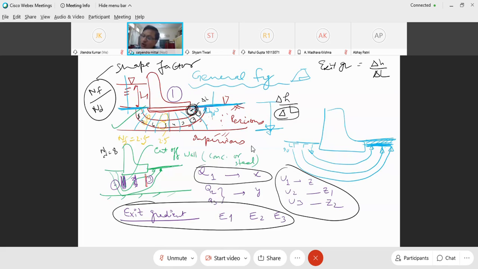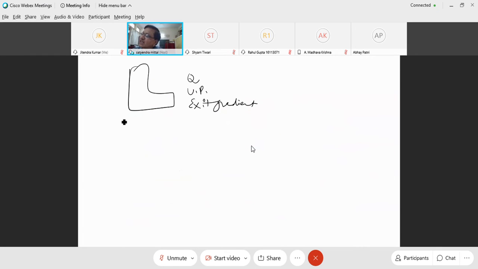So now I am discussing what happens to the scenario of exit gradient. For this, I'm comparing case 2 and 3.